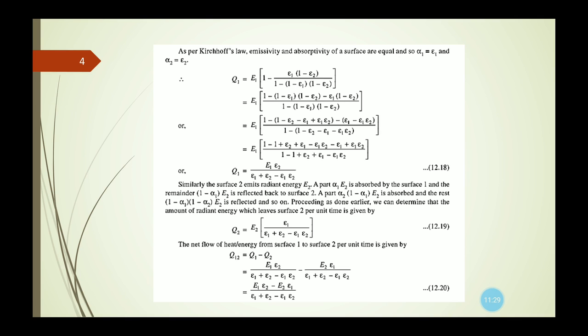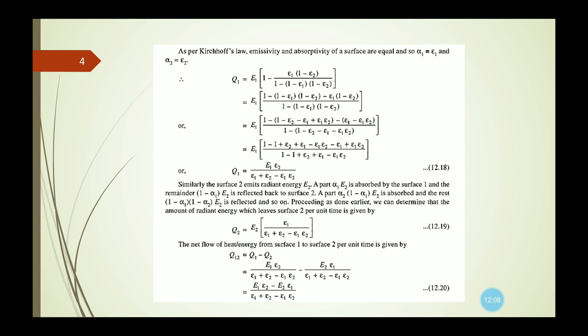If we continue in this way, and do the same calculation that we have done for surface 1 to evaluate Q1, the total amount of energy, then for surface 2 we can determine that the amount of radiant energy which leaves the surface 2 per unit time can be represented as E2 epsilon 1 divided by (epsilon 1 plus epsilon 2 minus epsilon 1 epsilon 2).